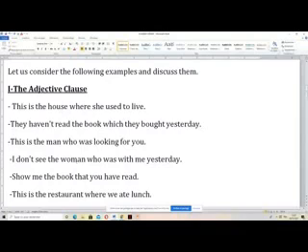Yes, modifying the noun house. Good. Since it modifies a noun, which is house, then it is an adjective. So under the column related to the function, you write adjective.